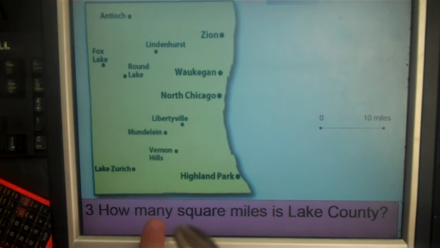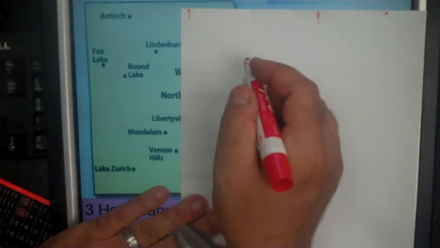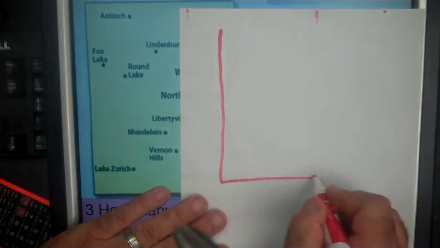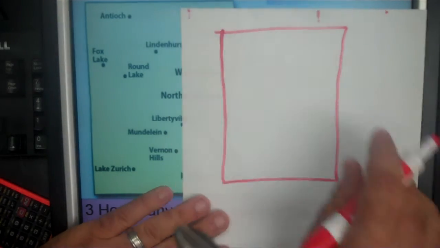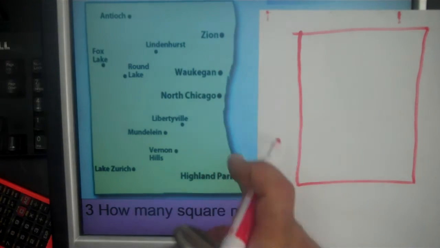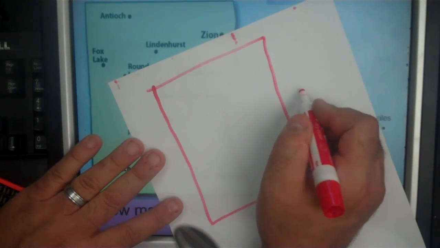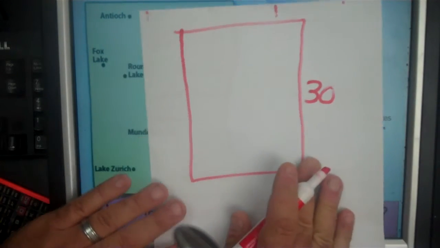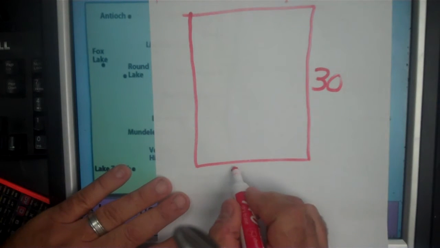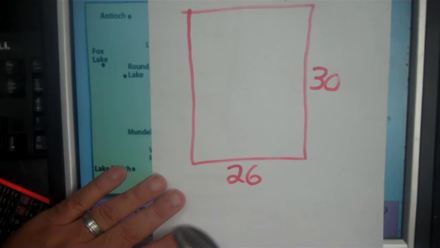Number 3, how many square miles is in Lake County? Okay, we're going to approximate this as one rectangle. That's pretty close. It's a little bit curved here, but that's all right. And we just said that it was 30 miles up and down and 26 miles across the bottom.